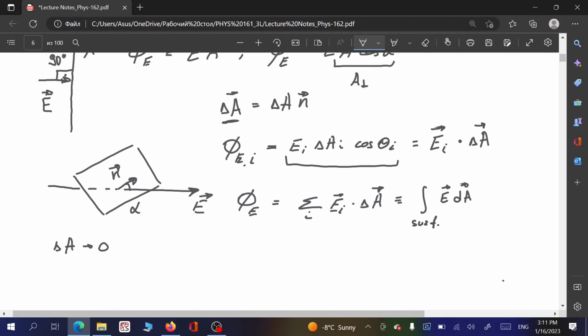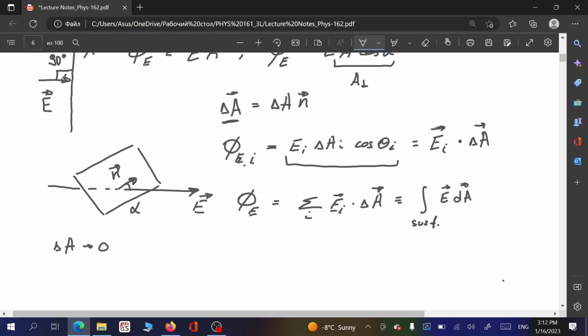So what is also important to mention here when we introduce this concept of electric field flux, that we may have a closed surface. So any suggestion, what is a closed surface? So we could consider any surface of a three-dimensional body as a closed surface. So closed surface divides space into internal space, which is included into this closed surface, and external, which is outside.